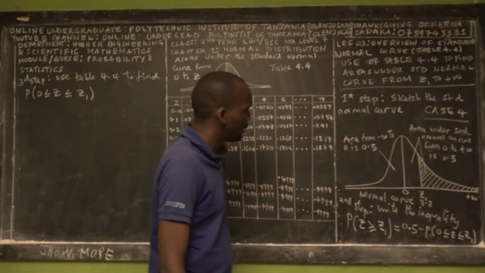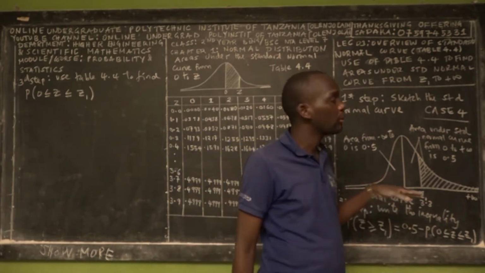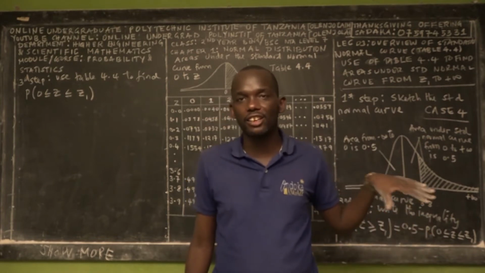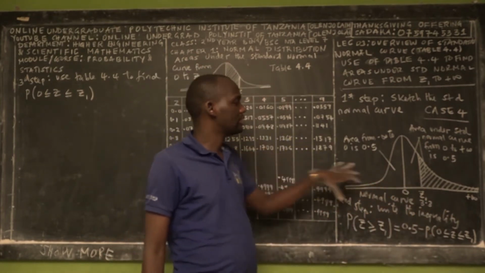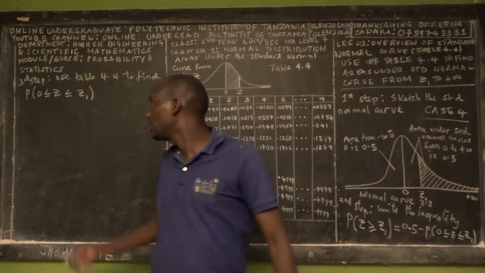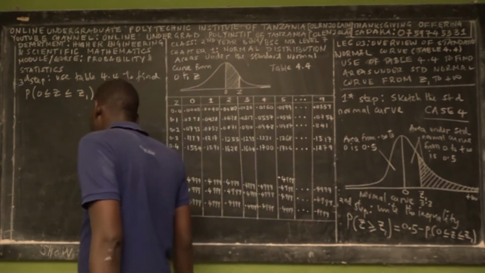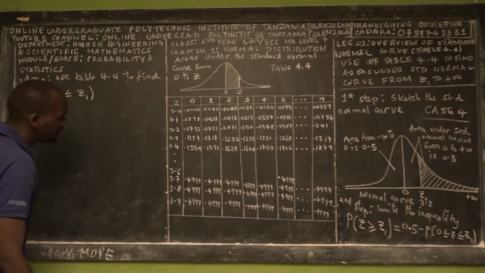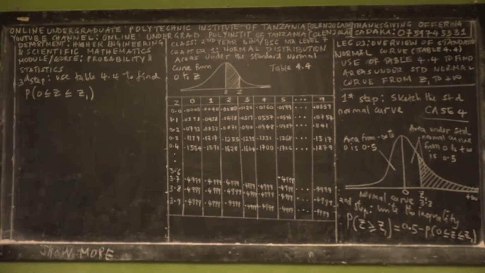Whenever you encounter a problem in probability that asks you to find the area under the normal curve, these are the 3 steps that you have to follow to solve the problem. Just enjoy the beauty of probability in statistics.